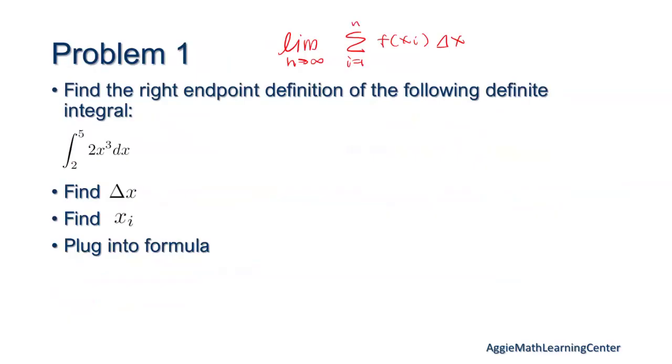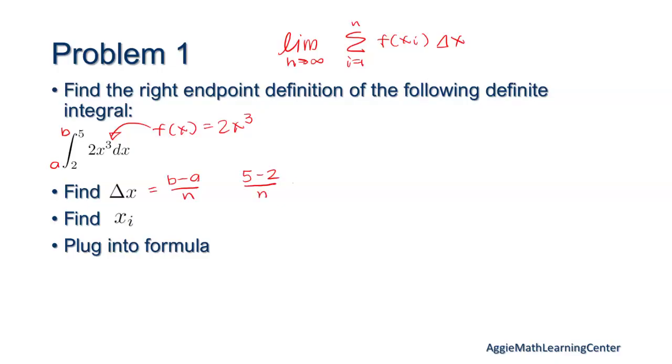Okay, so let's find what each of these things equal. We first know that f of x is already given straight in this integral, so that one's pretty easy. Now delta x. The equation was b minus a over n. We have our b and our a right over here, so I'm going to do 5 minus 2, and we aren't given a specific n, so I'm just going to leave it as n.